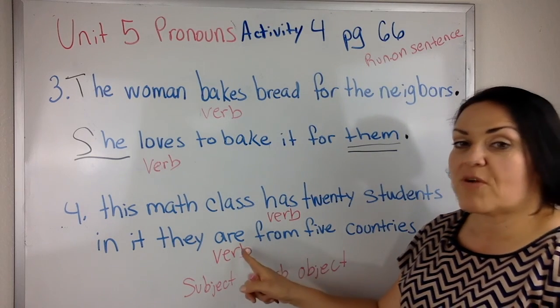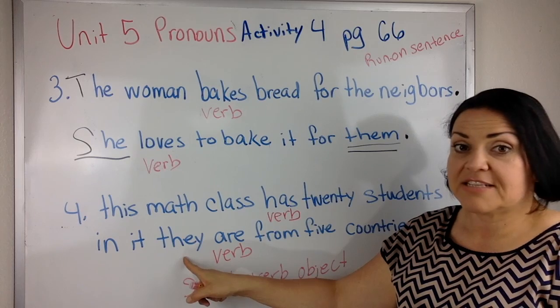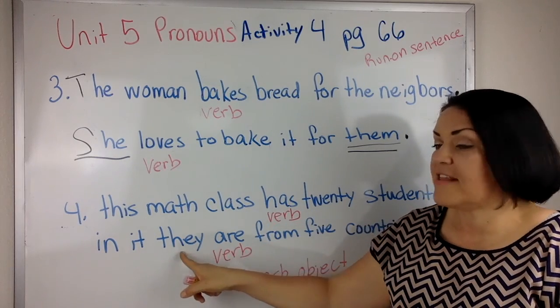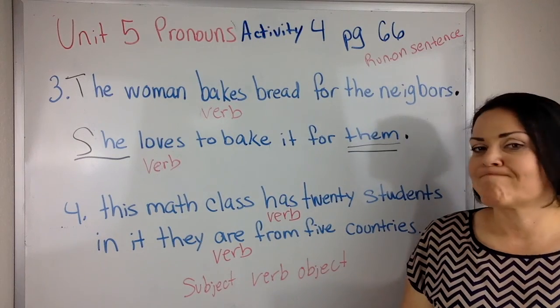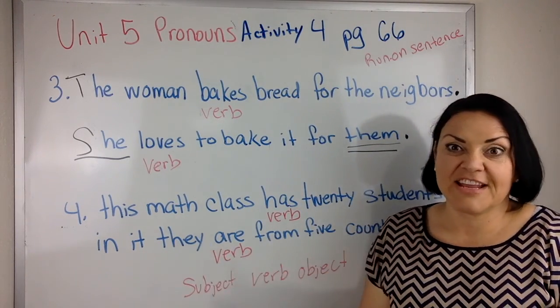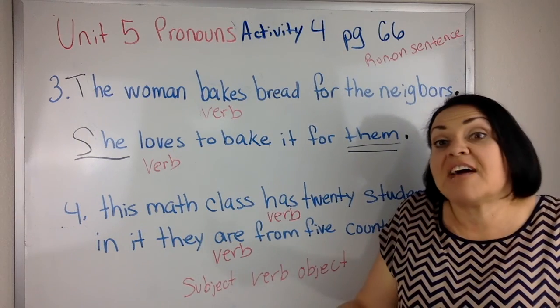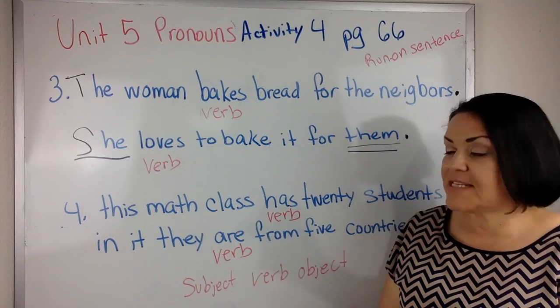What is before this? This is the subject. In it, they. Would that be at the beginning of a sentence? We wouldn't have it and they at the beginning of a sentence. It would just have one subject. So this is the subject.